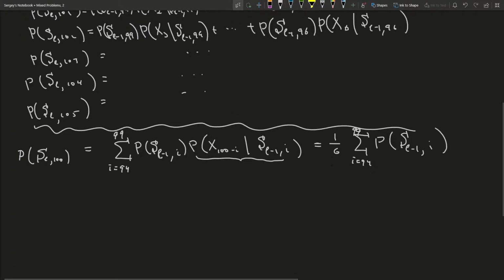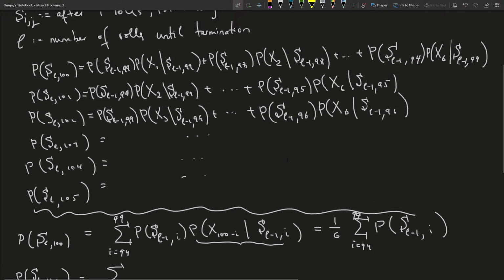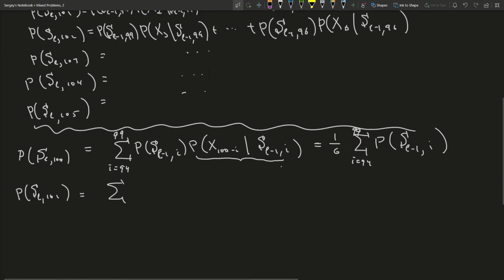Now let's look at the next value here. So the probability that the running total in the end is 101. Here the very first term is we roll a 2 and the running total up to that point is 99, and the last term is the running total is 95 and we roll a 6. So we start the running total with 95 and we're again going to go to 99.